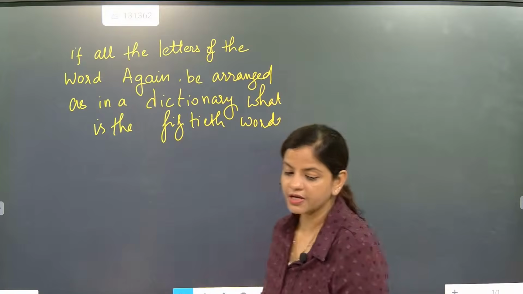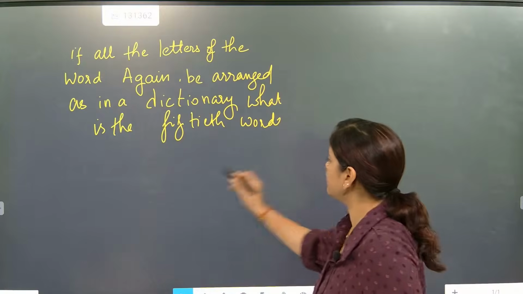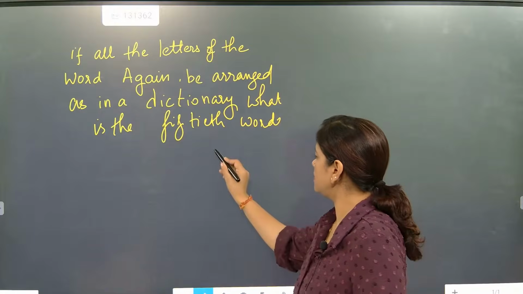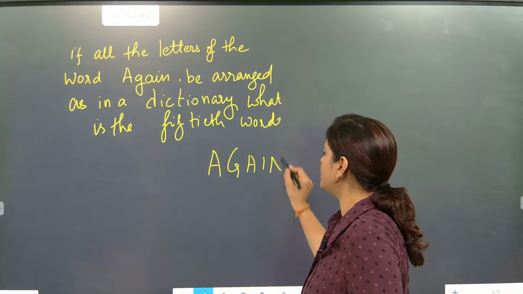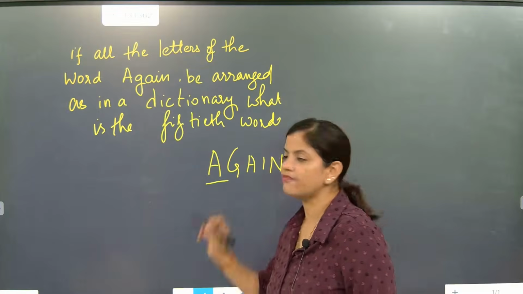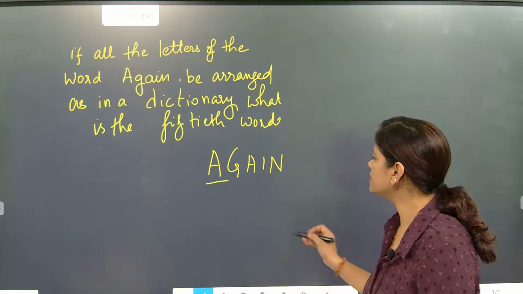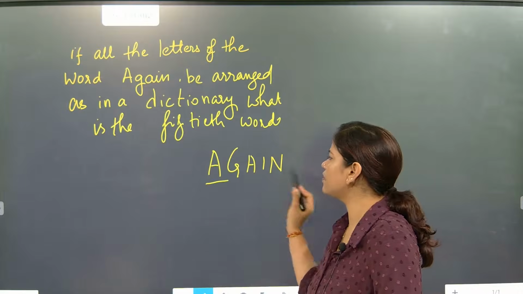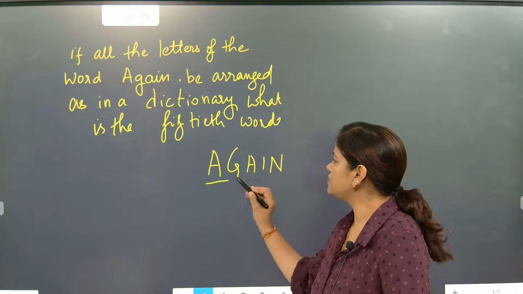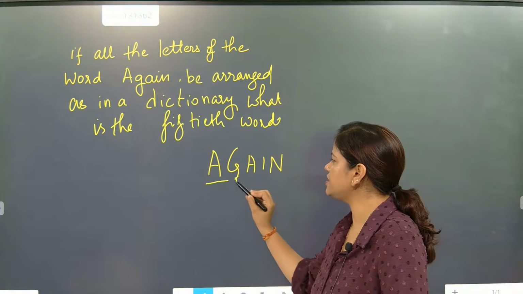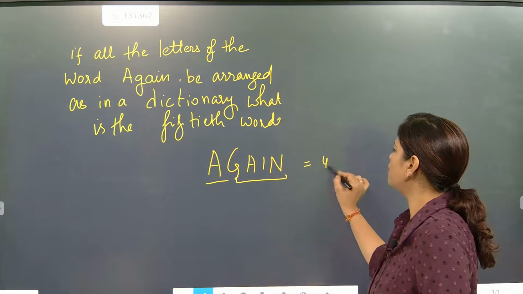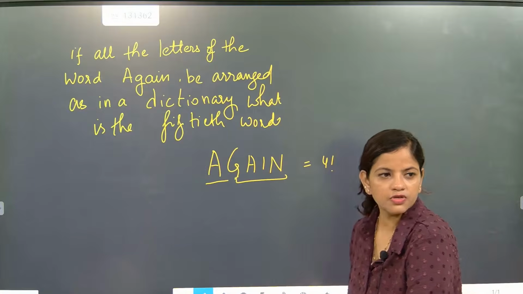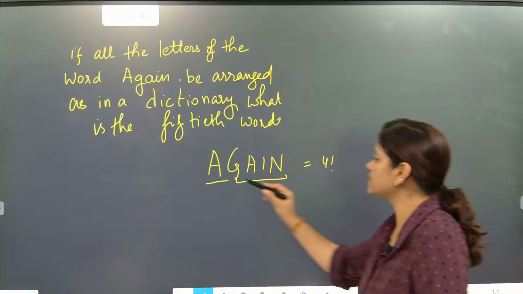So in alphabetical order, if AGAIN is there, A-G-A-I-N, that means the first letter is fixed. Then G-A-I-N will be arranged in how many ways? 4 factorial ways. Got it?